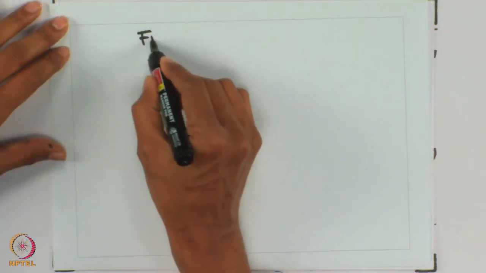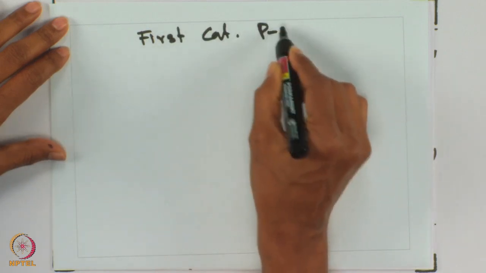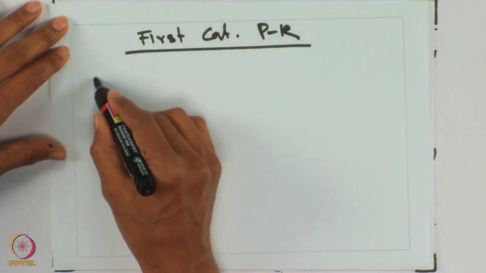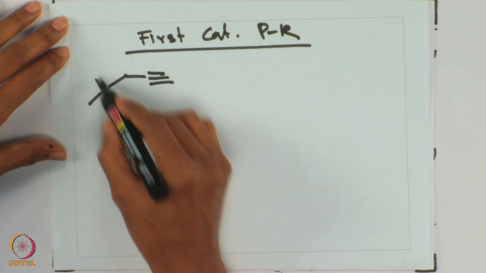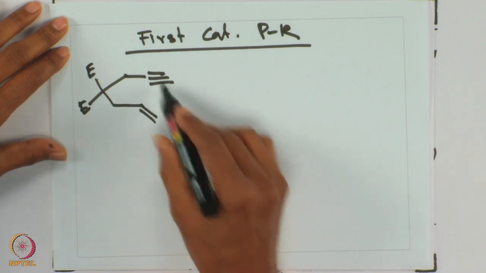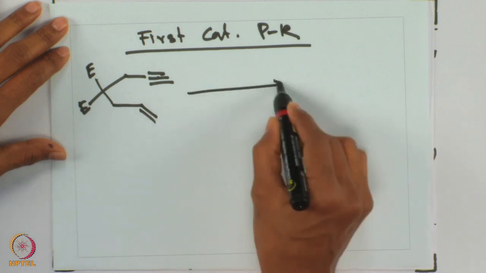Okay. First catalytic Pauson reaction. Now, the substrate, and surprisingly it is an intramolecular substrate, where you have terminal alkyne and terminal olefin together.